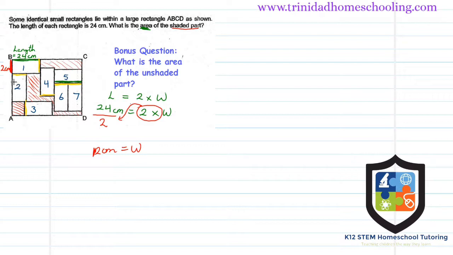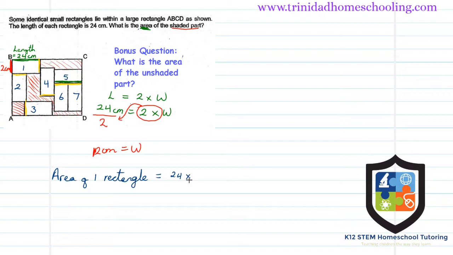Now how is that going to help us? What do we need to find again? The shaded part. So the shaded part is where these 7 rectangles lie. So let's find the area of one rectangle. Area of one rectangle is equal to the length, which is 24, multiplied by the width. And we found that the width was actually half of the length, right?